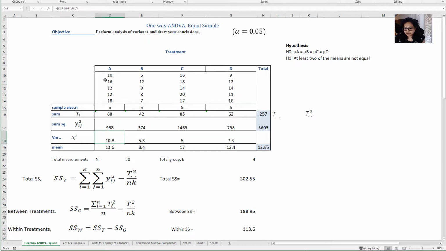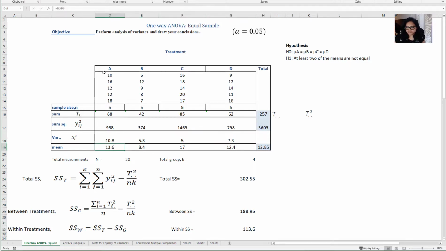And for each of those treatments, in assignment 1 and also in the first few lessons, you calculated how to find the variance when we have several values, the sample variance. That's what I did. I calculated the sample variance for each of those groups.